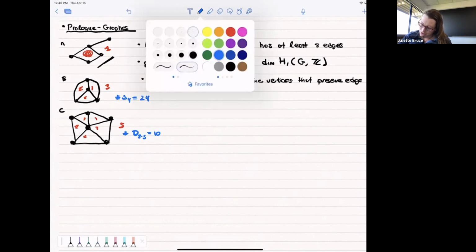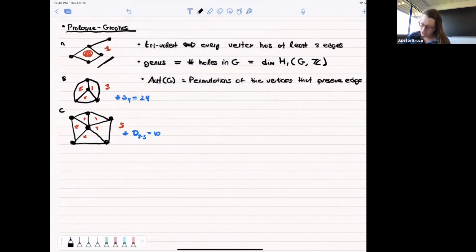Okay, so that's the basic setup, and now here is the thing that I think is an amazing fact that I'm going to attribute to Kontsevich in 1993, although maybe it was known by others in other forms.